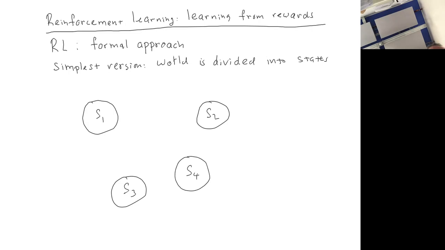And then between states, when you make a state transition, you get a reward. This is R, the reward you get from going from state 1 to state 2. A different reward from state 1 to 3. Okay. World divided into states.